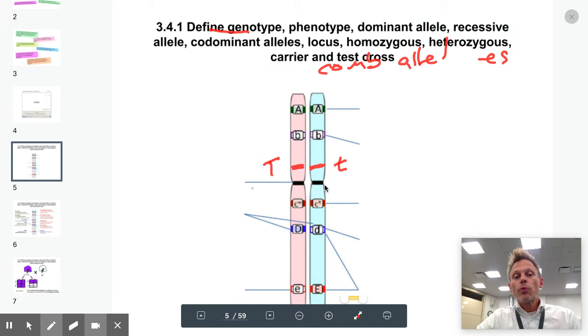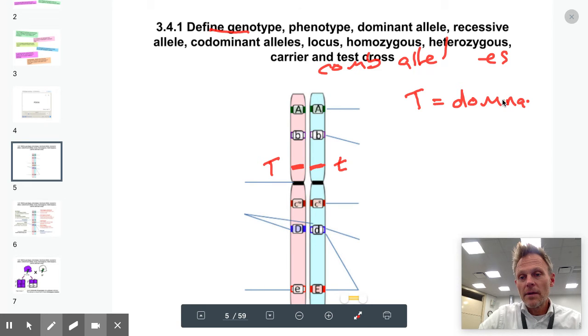When we write genotypes, so this would be a genotype right here, we use the same letters. So if there is a trait that is dominant, so we have a dominant allele, we use a capital T or a big T, and if we have an allele that is recessive, that means it doesn't do anything for that trait, and the plant will not be tall or it'll be short.